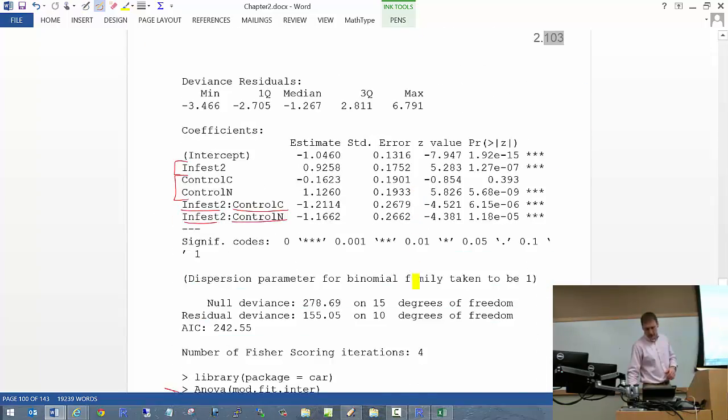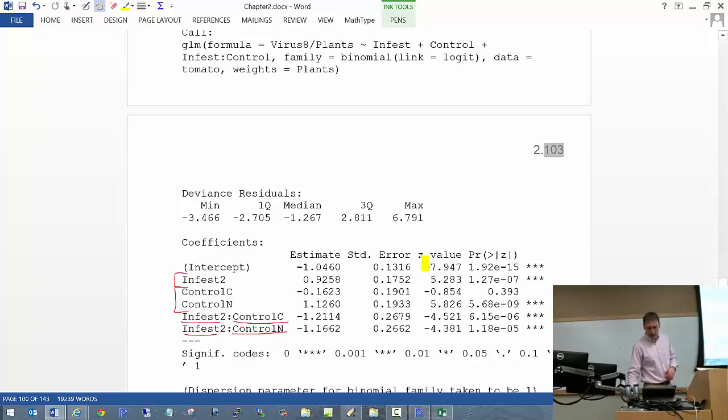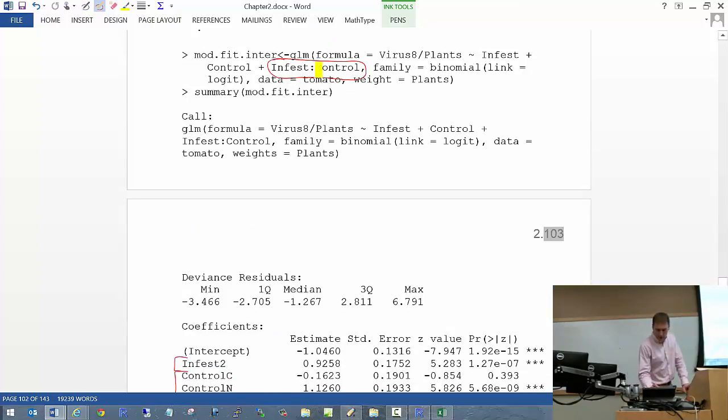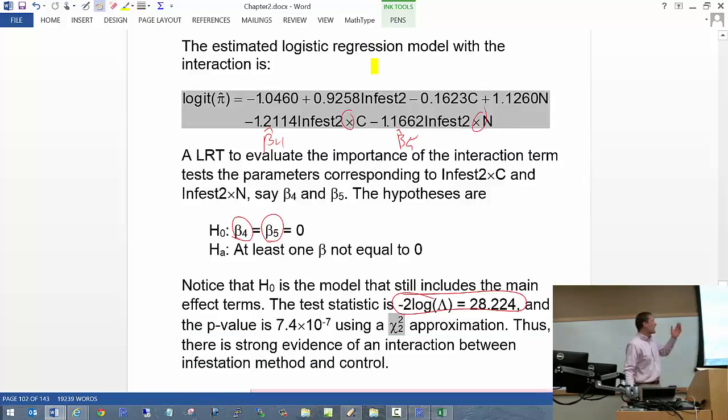And then eventually, if we wanted to add an interaction to the model, we would just do it as we would expect. So infest and control. And what R does is simply multiply the indicator variables together from the corresponding main effects for the qualitative variables. And this is the actual model that we ended up with last time.